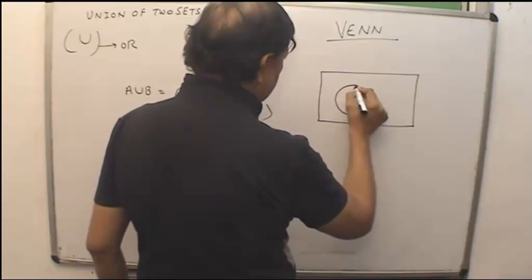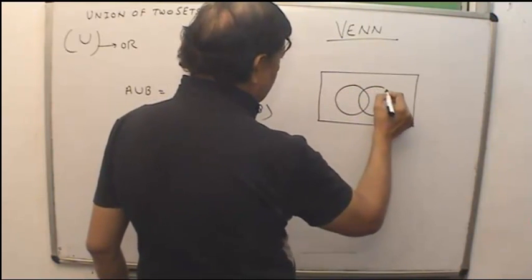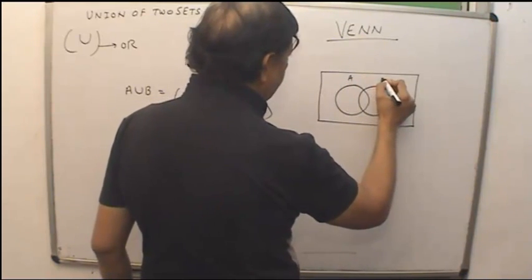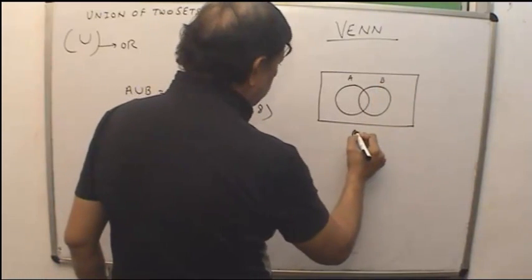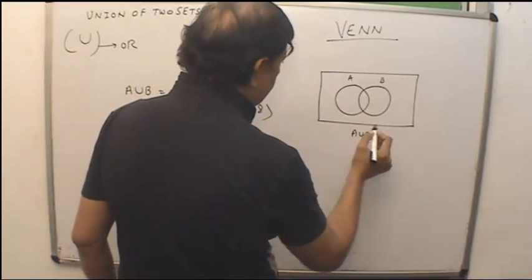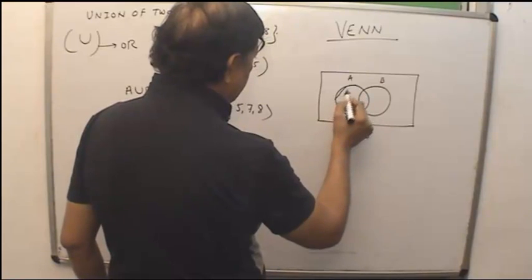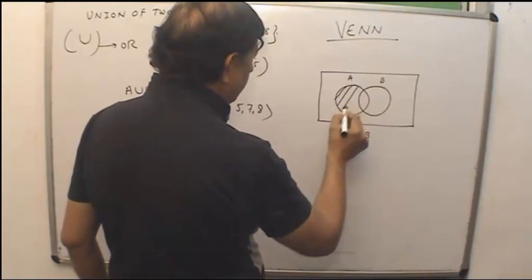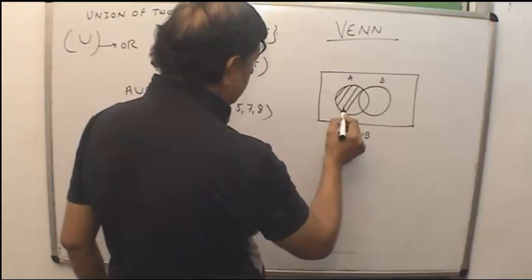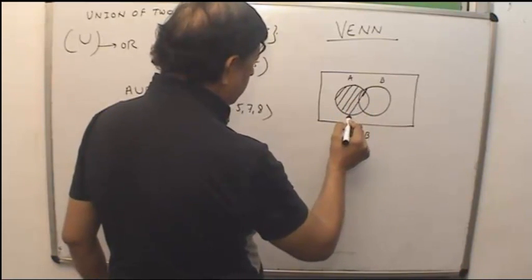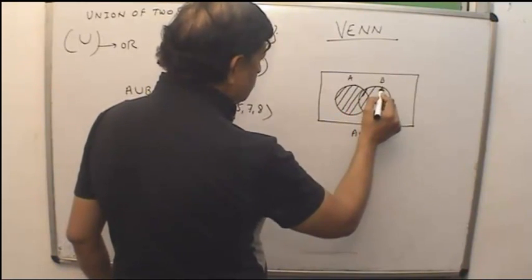Let us consider these are the two sets A and B. In the union, we combine all the members.